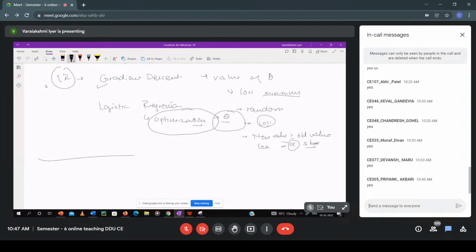So the first step in the logistic regression algorithm is that we have certain features x, and we pass them through the model, starting the training process.